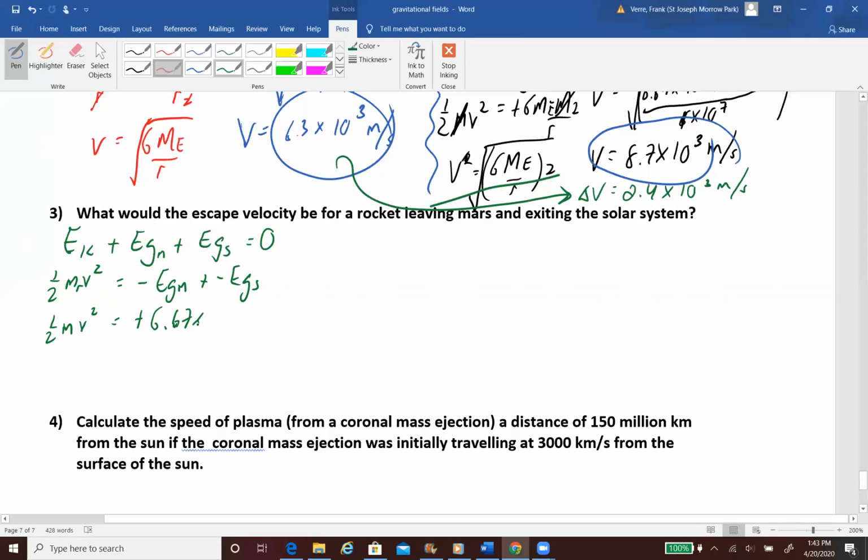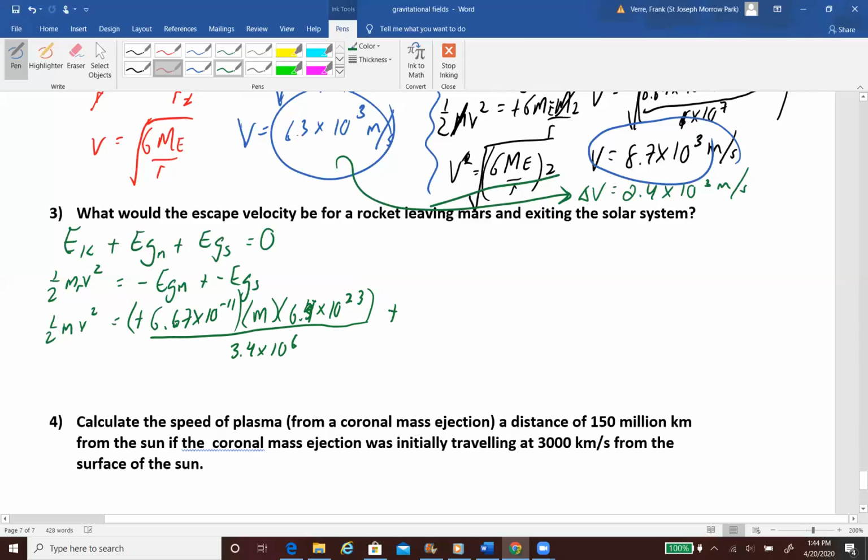So 6.67 times 10 to the minus 11 times the mass of the rocket times the mass of Mars. The mass of Mars is 6.4 times 10 to the 23. And that's over the radius of Mars, which is about 3.4 times 10 to the 6 meters.